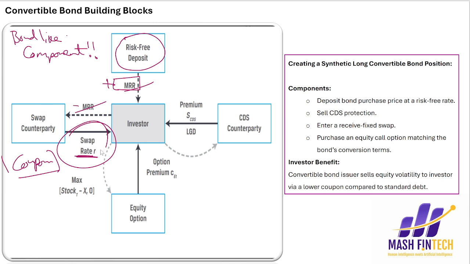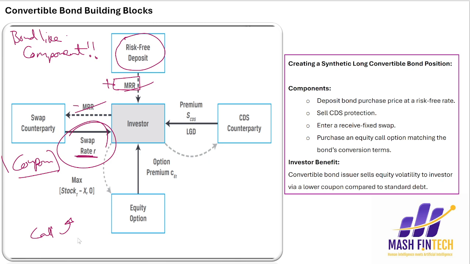To get the convertible part, you enter into an equity option contract. So what you're going to do is purchase a call option, right? When you buy a call option, it means you have the right to buy the shares of a company if the price goes up. Because remember, call options are bullish. So the investor is going to benefit or exercise their right as the price goes up.